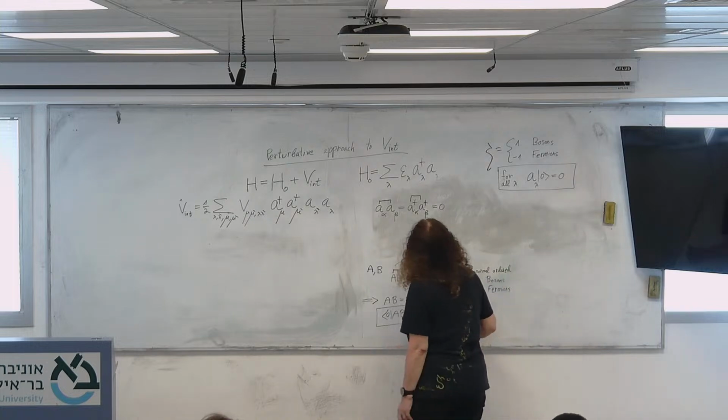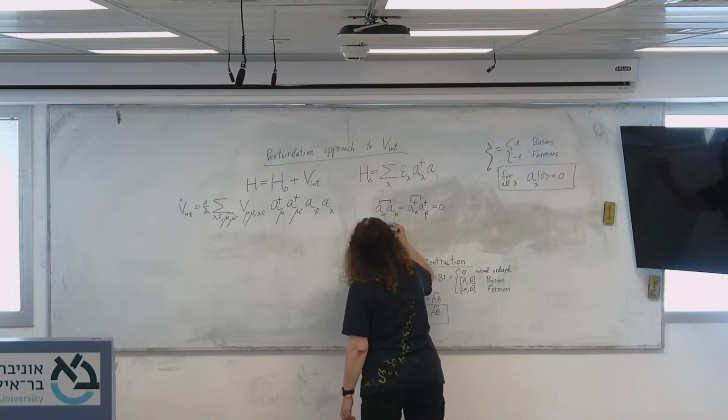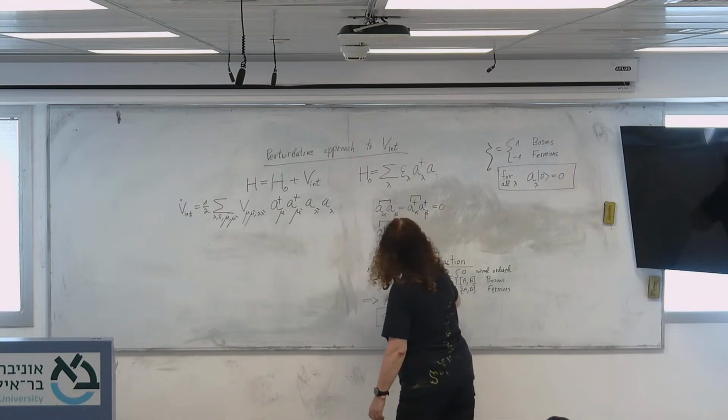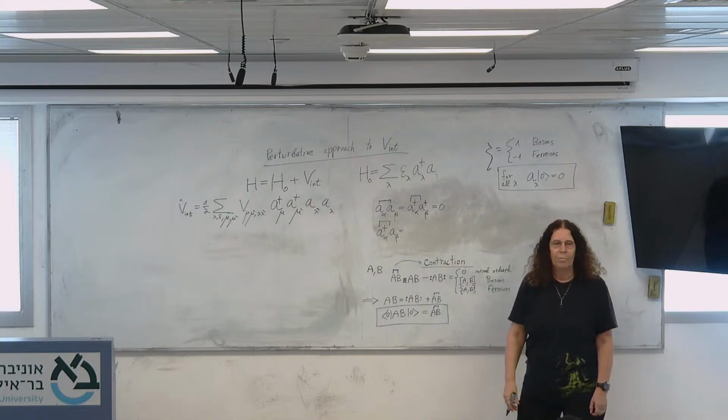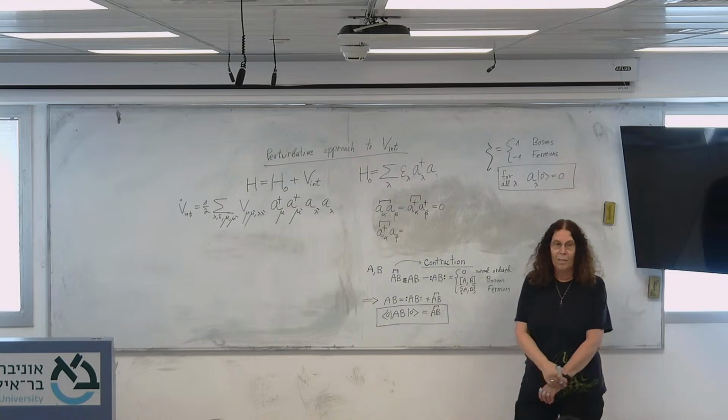Okay. Now what about A alpha dagger, A beta? What is it again?